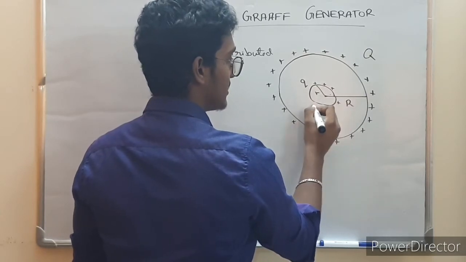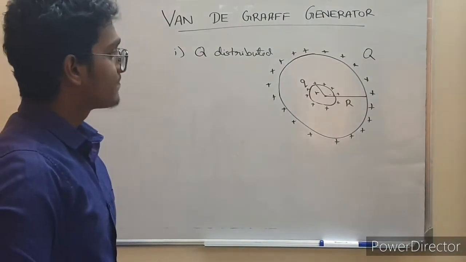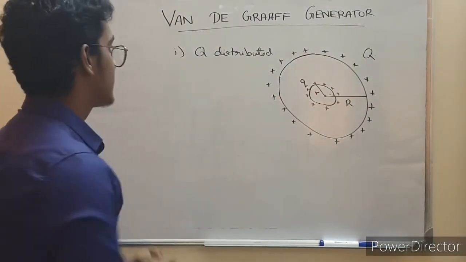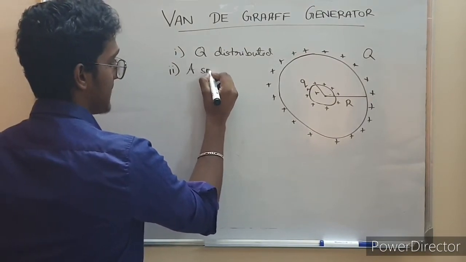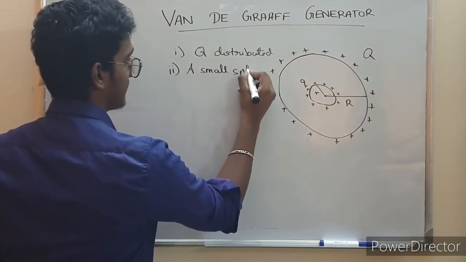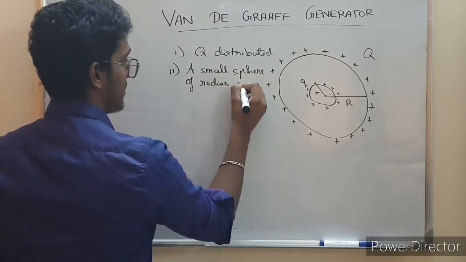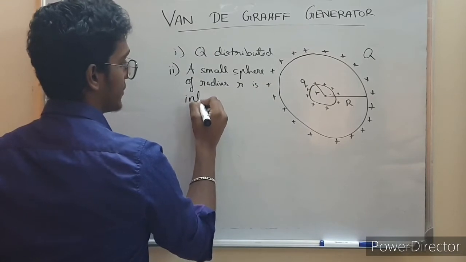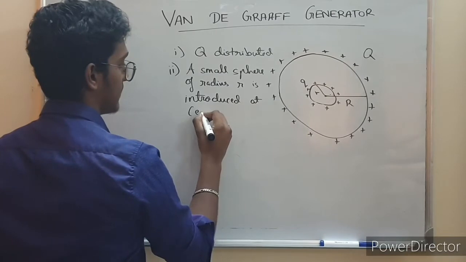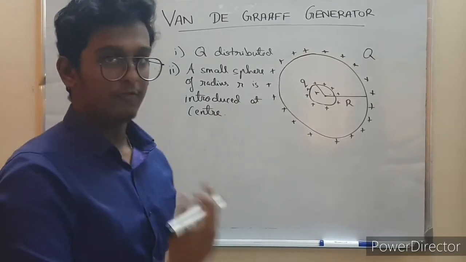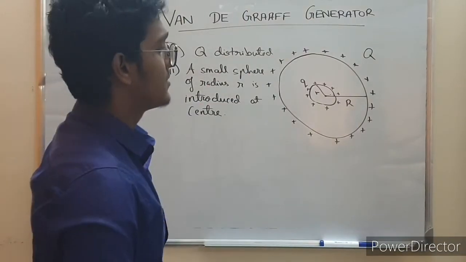We are considering all to be positively charged. So a small sphere of radius r is introduced at the center. So far we are just constructing, and we have this system now.